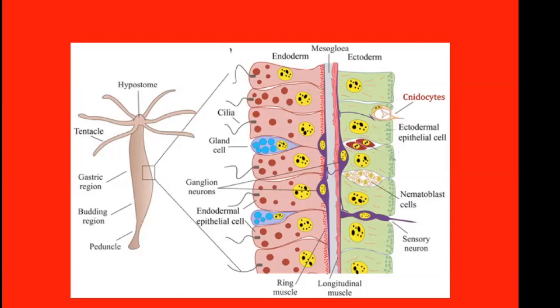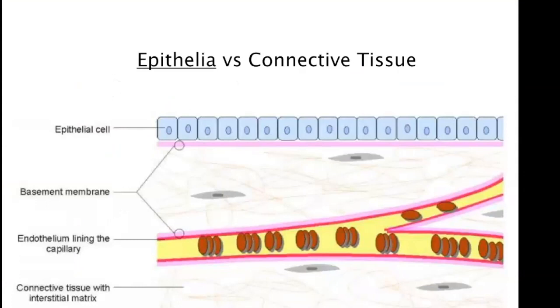So epithelial is those tightly bound groups of cells, and connective tissue is cells spaced out. In between them is a matrix, right? And because there's so much space in between them, this allows room for things like blood vessels and other structures to sort of penetrate that space, right?